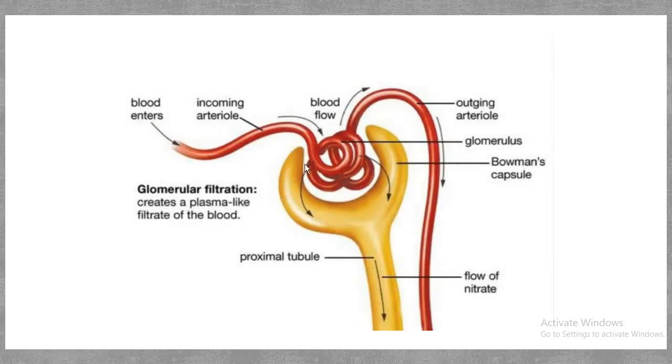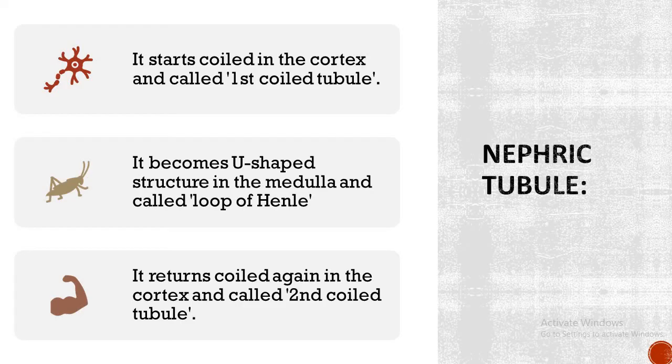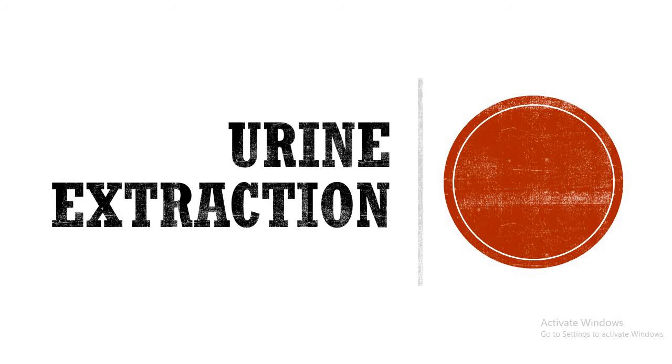Here is the glomerular filtration, which filters the blood from any excess of food, excess glucose, excess water, and urea, and they enter the proximal tubule found in the cortex. The nephric tubule starts with a coil in the cortex, the first coiled tubule, and then a U-shaped structure in the medulla, then it coils again as the second coiled tubule in the cortex.